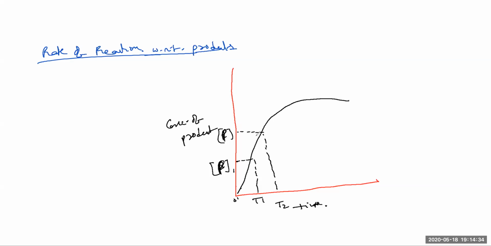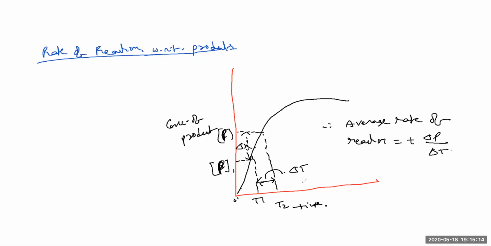This difference is nothing but delta T. So here this difference is delta X and delta P. Therefore, average rate of reaction is equal to plus dP by dt.